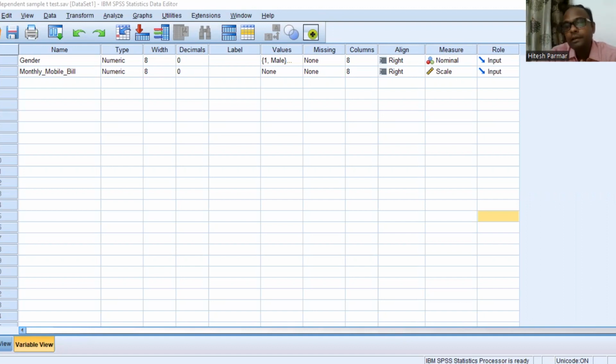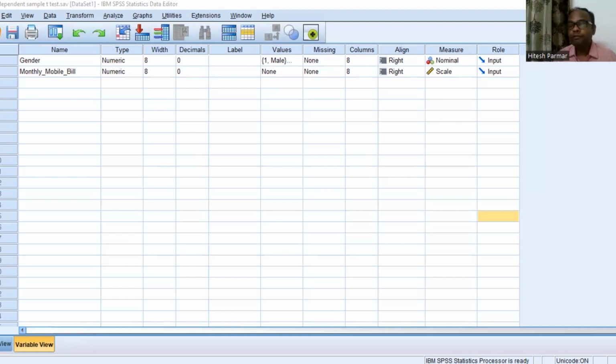Definitely not, right? So the question arises in our mind, can we get a range of the difference with some probability? Yes, this is your range of the difference. The mean difference with respect to the population will lie between minus 9.33 and plus 6.38.